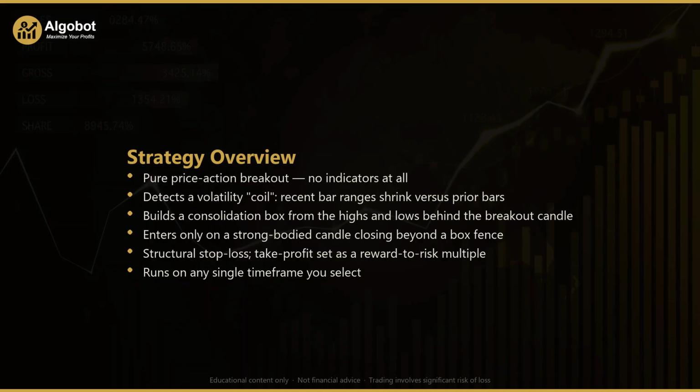While that contraction is happening, the strategy maps out a consolidation box. It takes the highest high and the lowest low of the bars sitting behind the most recent candle and treats those two levels as the upper and lower fences of the range. The idea is that price is being held inside this box, and the edges are where a decisive move is most likely to show itself.